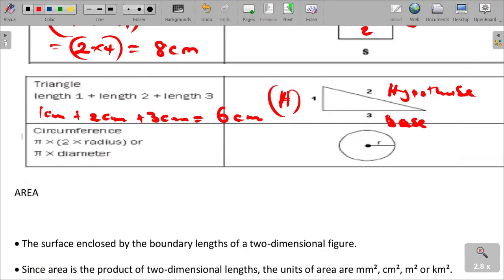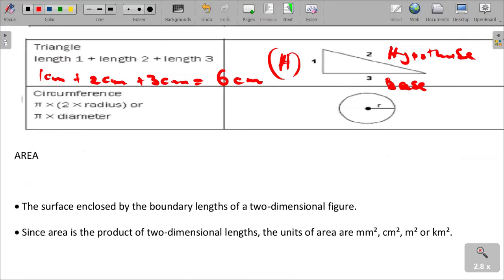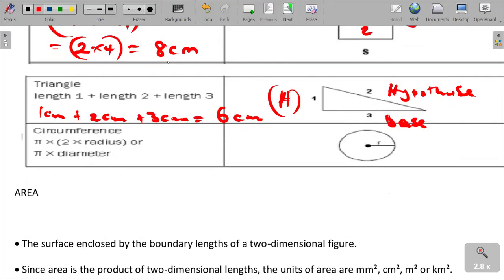And then we can talk about a circle, where we calculate the perimeter of a circle by calculating its circumference. Given this shape here, a circle, we are given the radius. So the perimeter of a circle is equal to pi 2r, or we can say pi times diameter, because the diameter of a circle is always equal to r times 2.